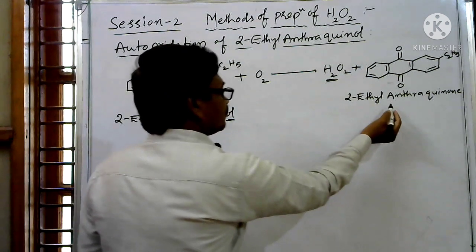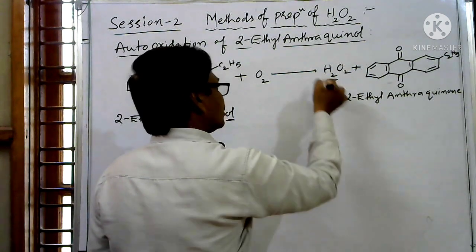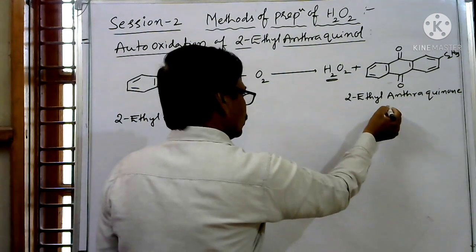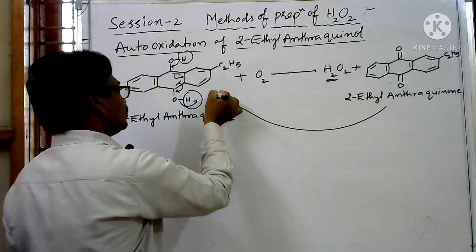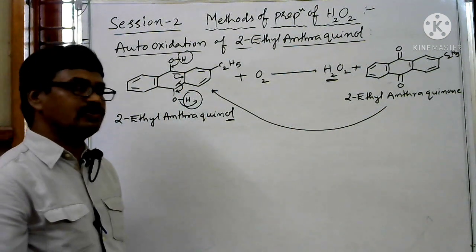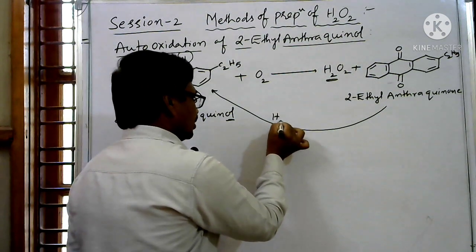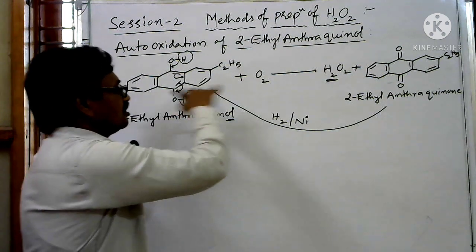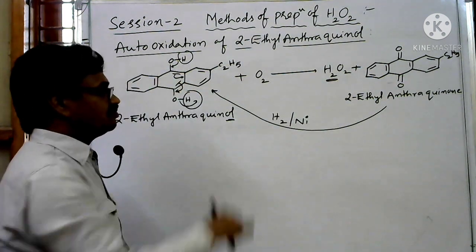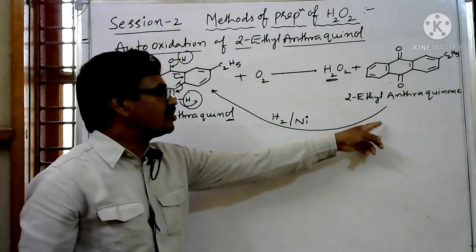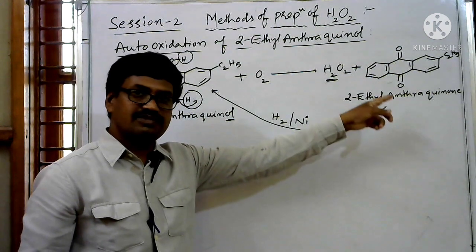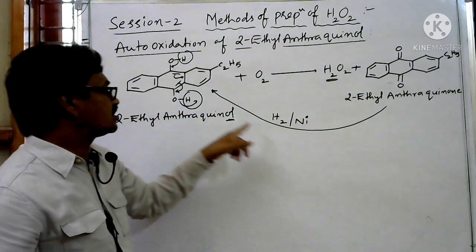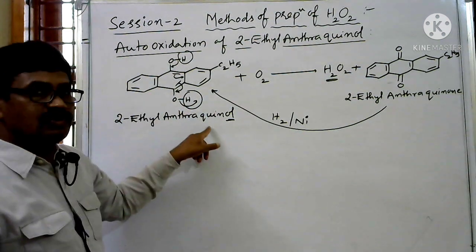So after completion of this step, after getting some H2O2, again 2-ethyl anthraquinol is reduced to give 2-ethyl anthraquinone by adding H2 gas in the presence of nickel catalyst. So this is the forward step, and in the backward step, in the cyclic process, the 2-ethyl anthraquinone which is produced is reduced in the presence of nickel catalyst to get 2-ethyl anthraquinol.